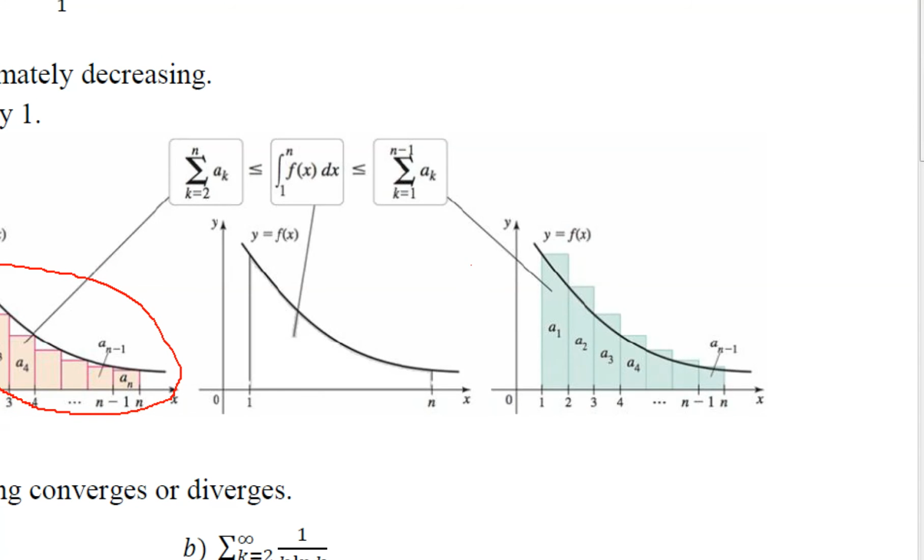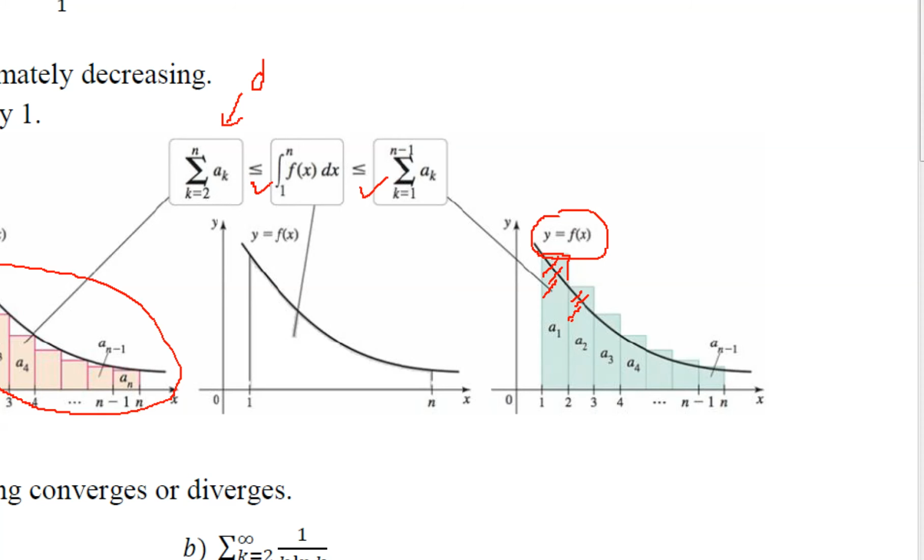Similarly, when we construct rectangles using the left endpoint of each interval, these rectangles have more area than the area below this function, so this is also true. Now let's discuss.